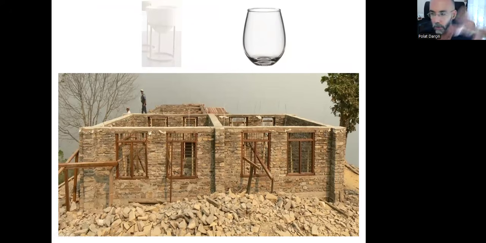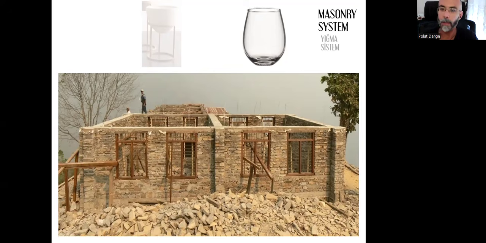So the whole building functions to carry the loads. And these are called masonry systems, yığma sistemler. There is no separate structural system. The whole building also has its structure overlapping its physical entity, like this drinking glass.